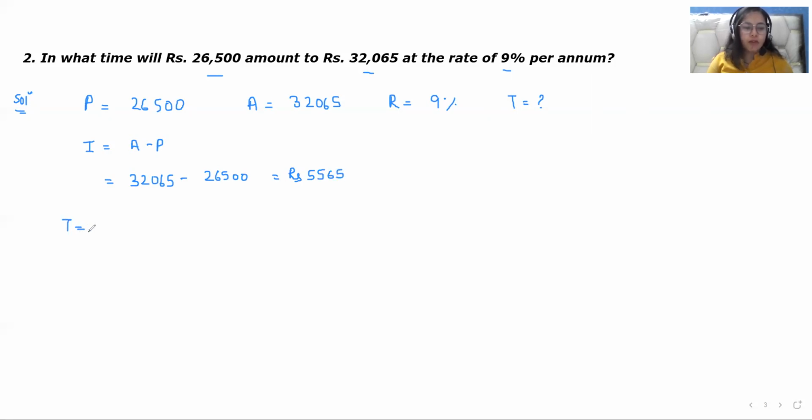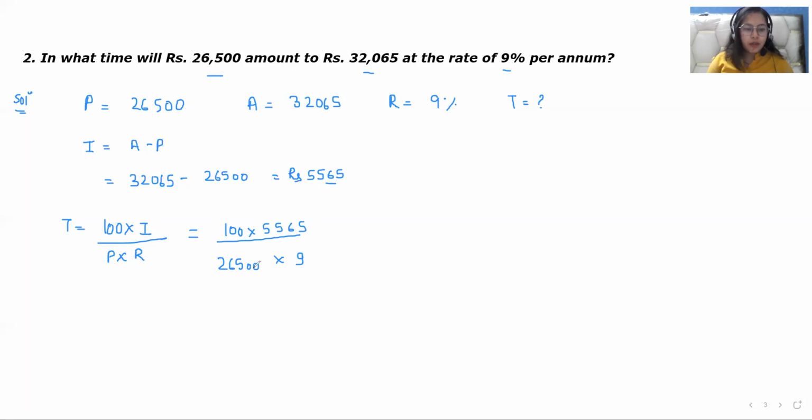Now we have to find the time. So what is our formula? We'll write the formula as in the last question also. 100 multiply interest over principal into rate. So 100 multiply interest, which is 5,565, over principal, which is 26,500, and our rate is 9.